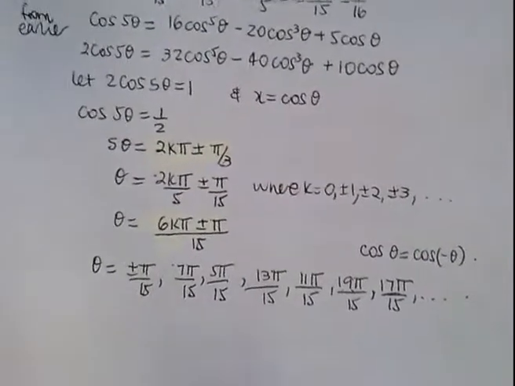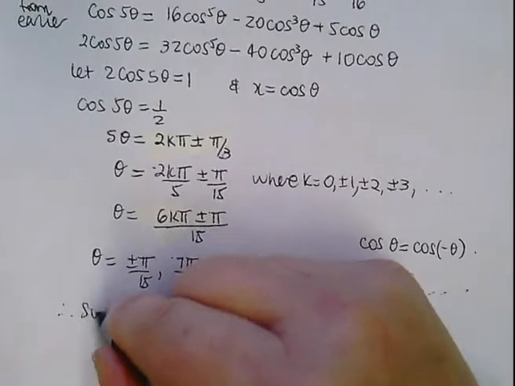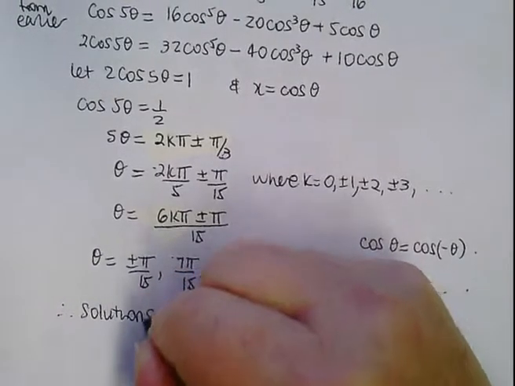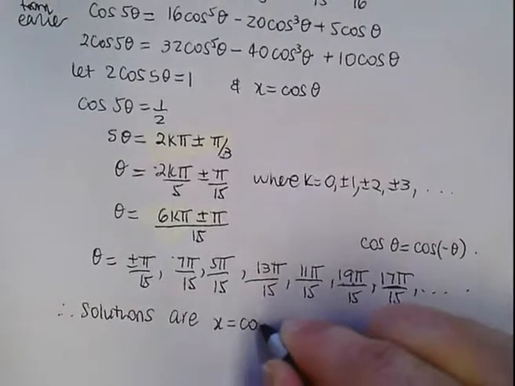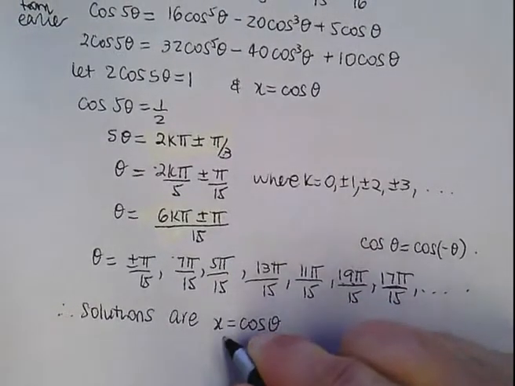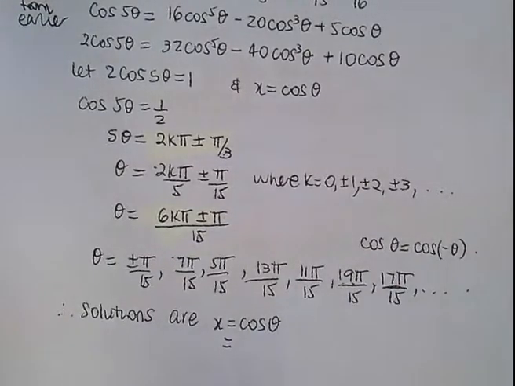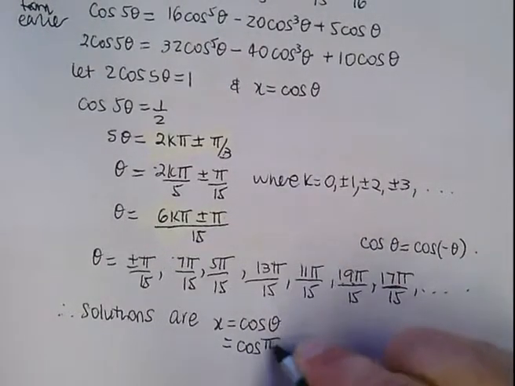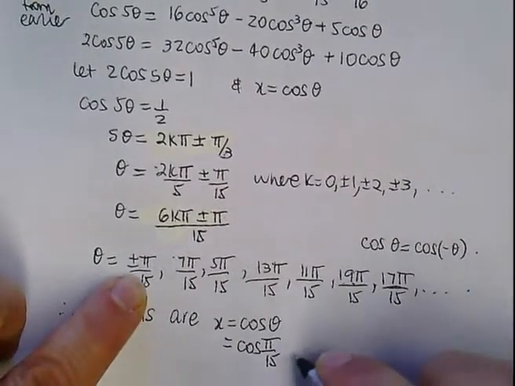Okay, so therefore our solutions, remember, are x equals cos theta, which will be cos of pi on 15. Now we don't include cos of negative pi on 15.